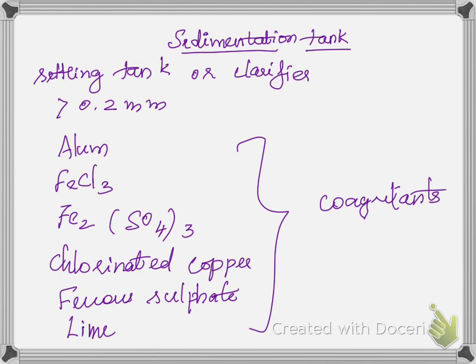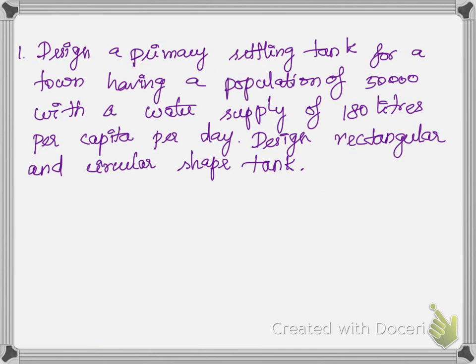And let us move to the problem. Design a primary settling tank for a town with a population of 50,000 and a water supply of about 180 liters per capita per day, and we have to design a rectangular as well as a circular tank. Only two data are given, and the remaining data we are going to assume.